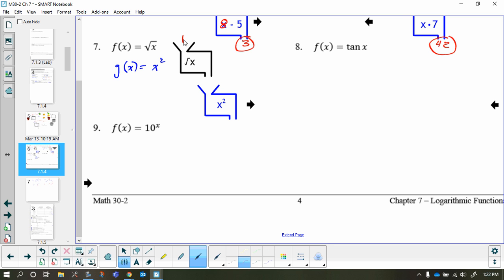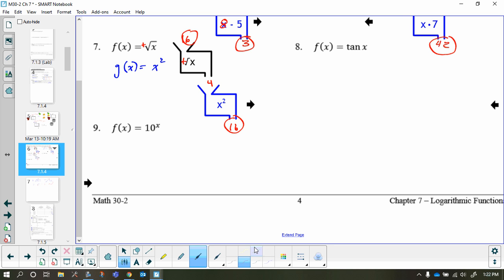Let's say I put in 16. When I square root 16, that gives me 4 as output. Notice this is a positive, even though there's no sign in front. That means we want the principal root, the positive square root. So then if I put a 4 in here and I square the 4, what do I get? I get 16. Input into the original function equals output after it's traveled all the way through the function and then its inverse.